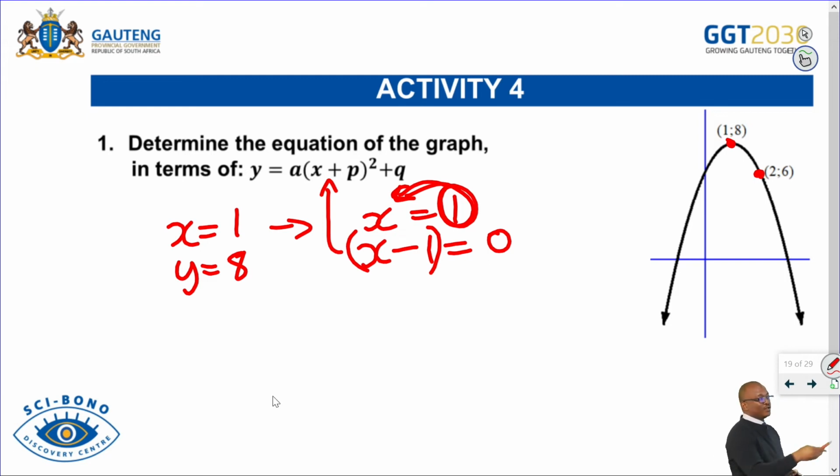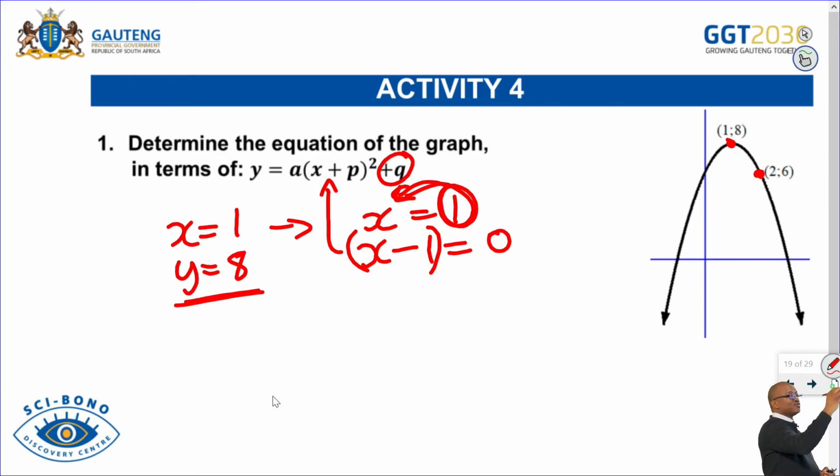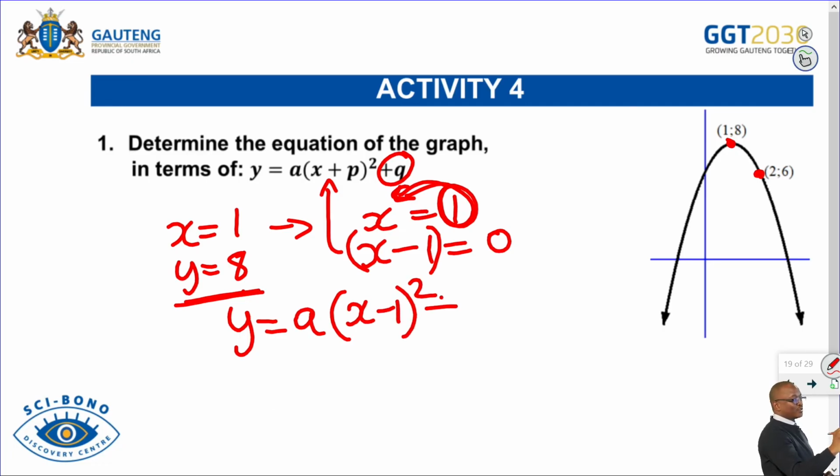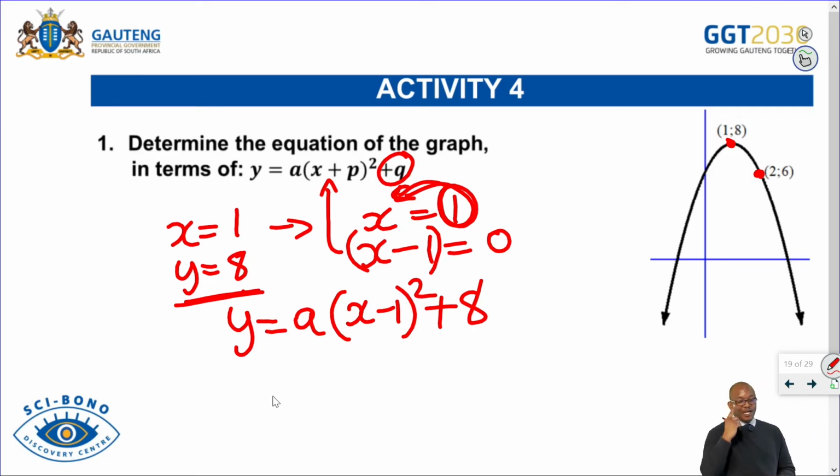Then from there, you can take it inside there. And then y is the same as the value of q there, which is 8. So when you substitute, you're going to have y is equal to a into (x minus 1) squared plus 8. So that's how you substitute those values there.